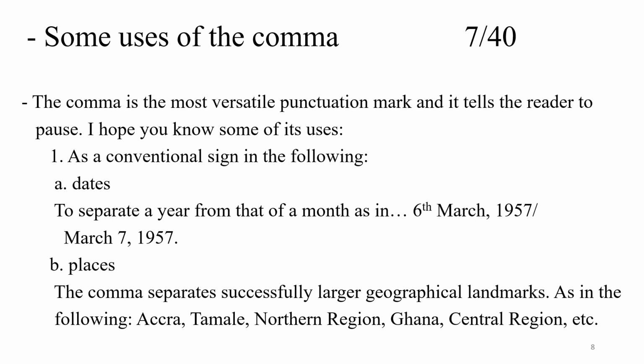And so if I use the comma to separate each of the regions, it makes the reading readable. It makes you understand what I am referring to instead of putting all the regions together. It will even be very difficult to know which of the regions I'm referring to. So the comma has a work to do here too.